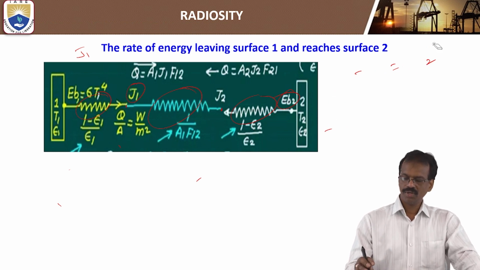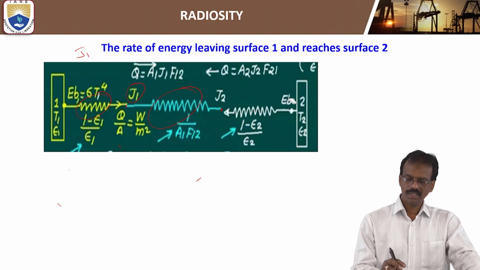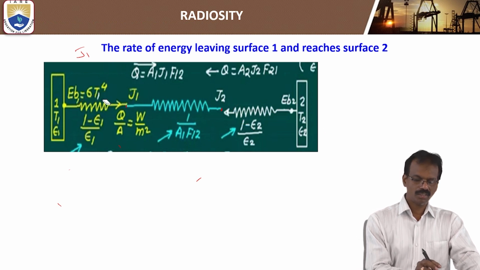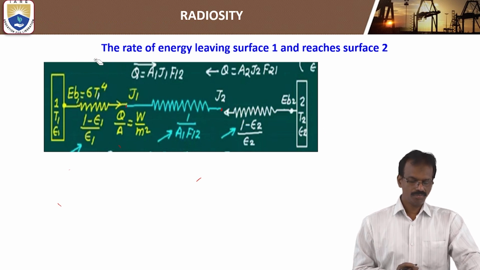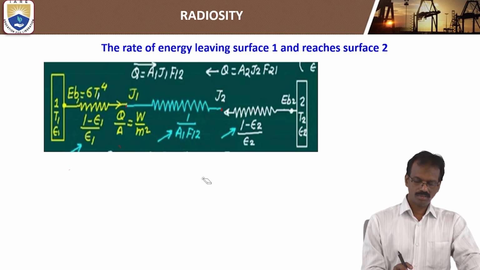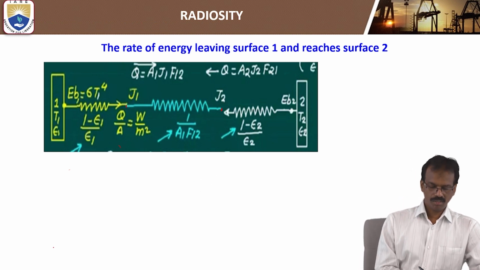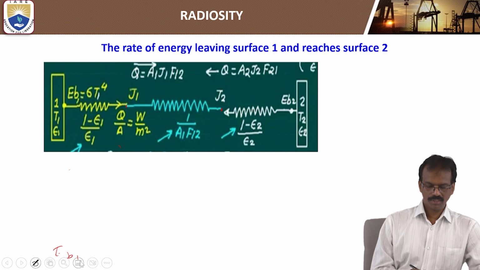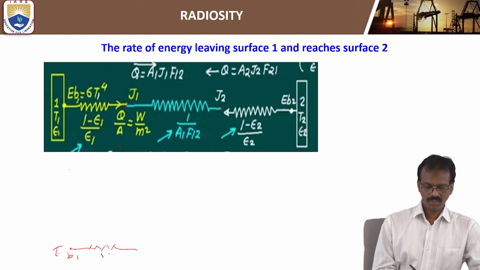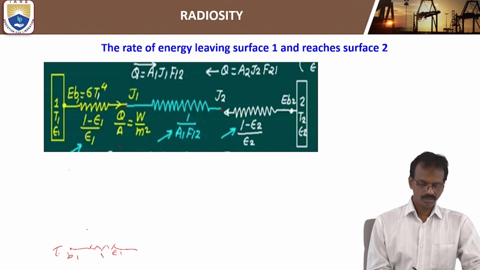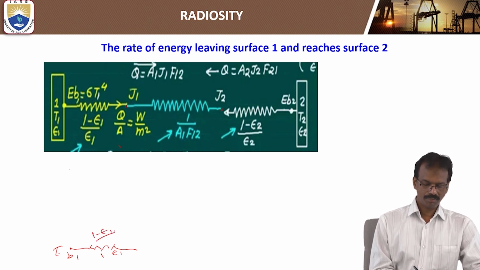Then the final equation: you know the electrical analog formula. If you consider this electrical analog formula, first of all, EB1 is the emitting energy. Next is the surface resistance, 1 minus epsilon 1 by epsilon 1.